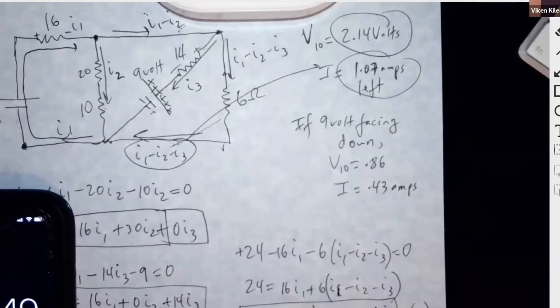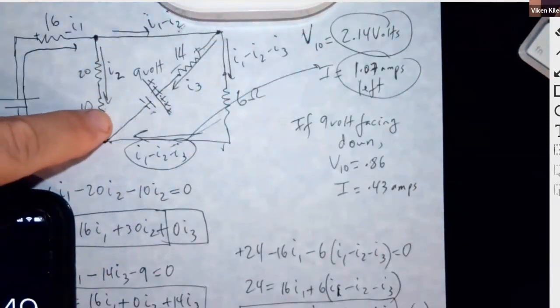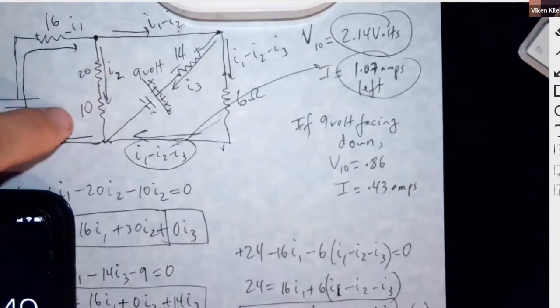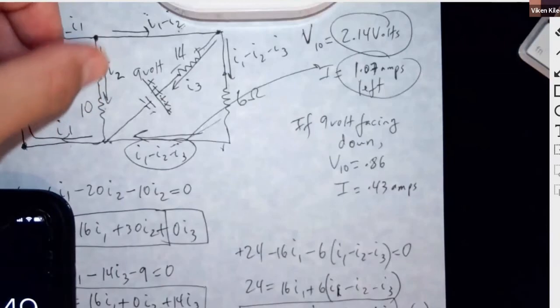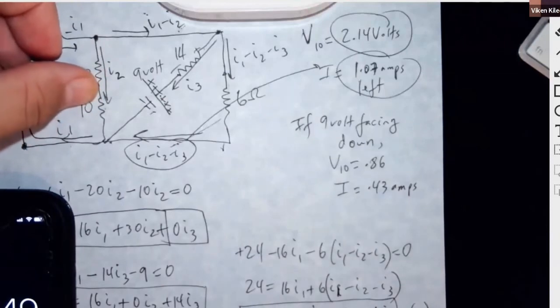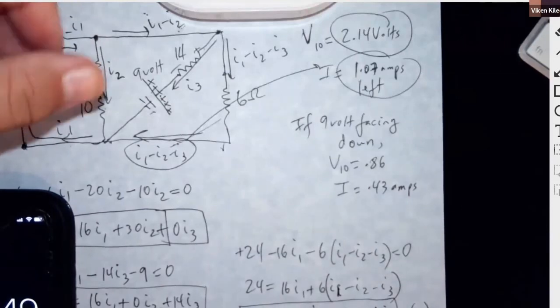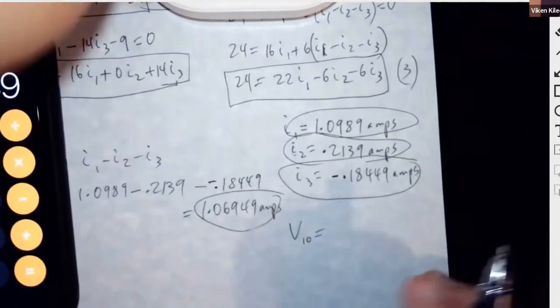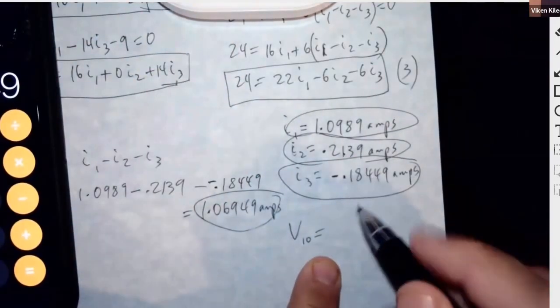Okay, how do I check this one? The voltage of the 10. Then I just take my I2 and multiply it by 10, and that's it, right? Whatever I got for I2. So the voltage of the 10 would be just this one times 10.